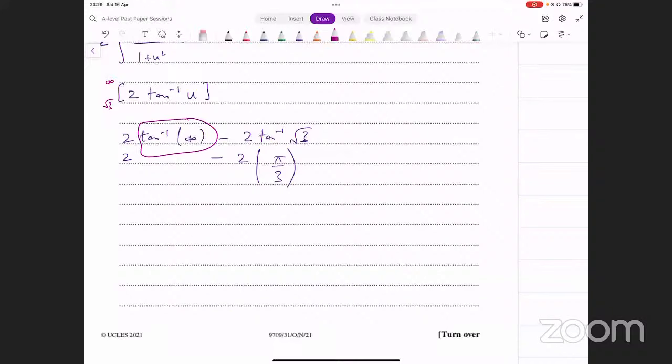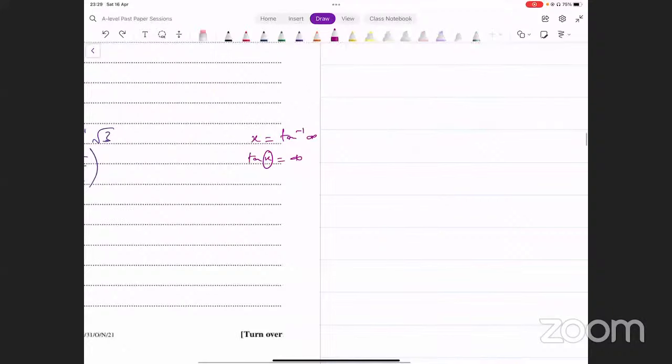Let's say this is I don't know, x equals tan inverse of infinity. So we're basically saying tan x equals infinity. किस एंगल का tan infinite हो जाता है? Remember the tan graph. ये आपको calculator से नहीं मिलेगा. Calculator is not going to give you this value. So you have to have your graphs concept strong. आपको पता होना चाहिए tan infinity कहाँ पे होता है. Remember the graph of tan?